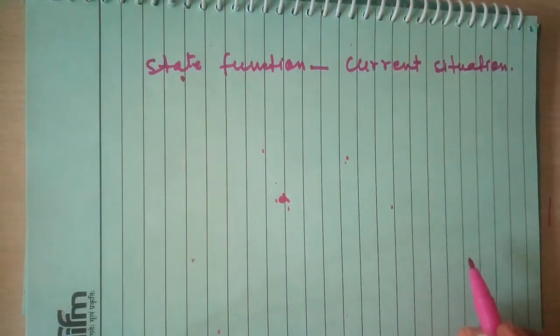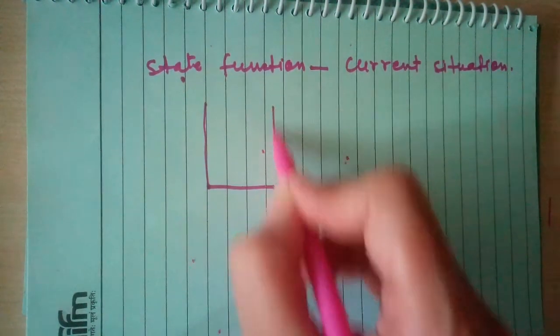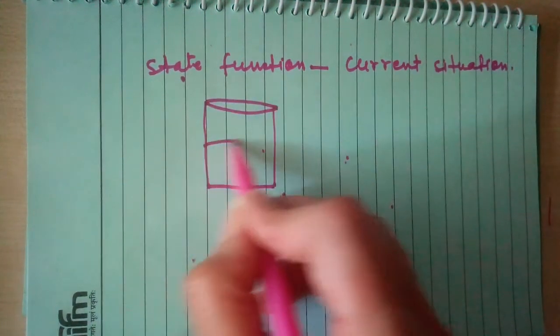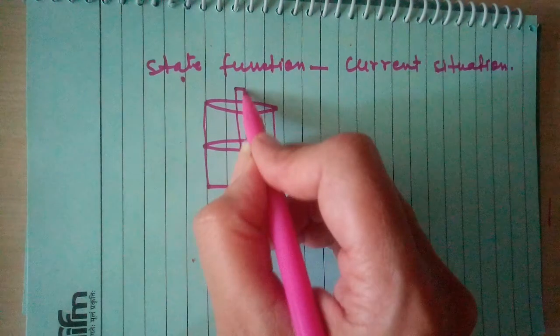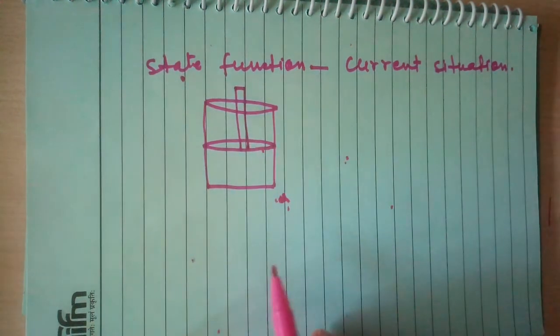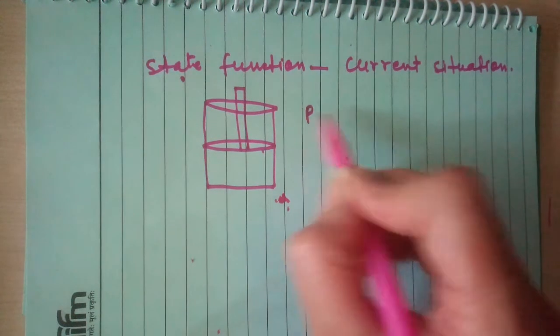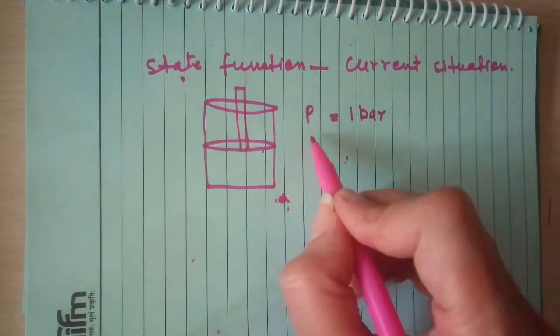So if you take a certain amount of gas in a container, and you apply some pressure with the help of the piston. Suppose P is equal to 1 bar, that is the pressure applied on this system.